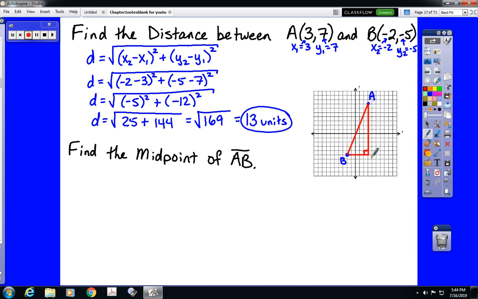From B to the corner is 5 units, and from A to the corner is 12 units, which means according to Pythagorean theorem, which is a squared plus b squared equals c squared, I can state that 12 squared plus 5 squared is c squared, which again, I've done that already over on the other side. It's the same exact thing.